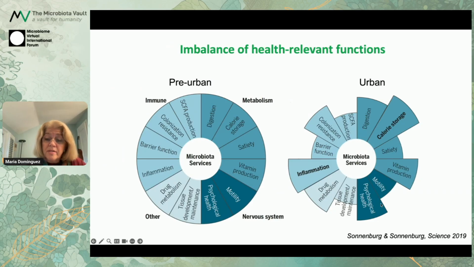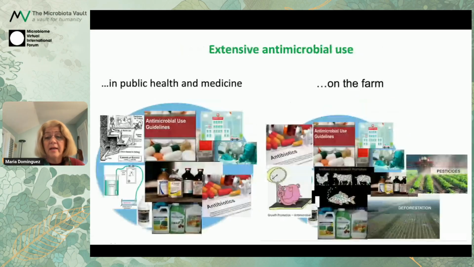So also from the Sonnenburg paper, he depicts very well how microbiota services were balanced in pre-urban times, where there was a well-educated immune system and metabolic system related to the lifestyle. People exercised and ate a lot of fiber. In the urban lifestyle, microbiota services are altered, favoring inflammation, calorie storage and growth in early life.